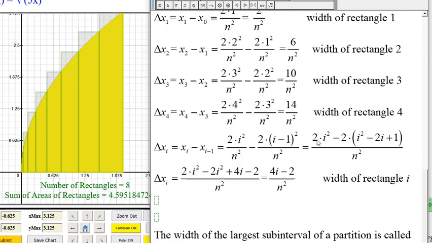And so here we get 2i squared, and then i minus 1 squared is i squared minus 2i plus 1. And then multiplying this out, we get 2i squared minus 2 times i squared is minus 2i squared. And then minus 2 times minus 2i is plus 4i. And then minus 2 times 1 is minus 2. And then 2i squared minus 2i squared is 0. So what's left is 4i minus 2. And so this will be the ith width.